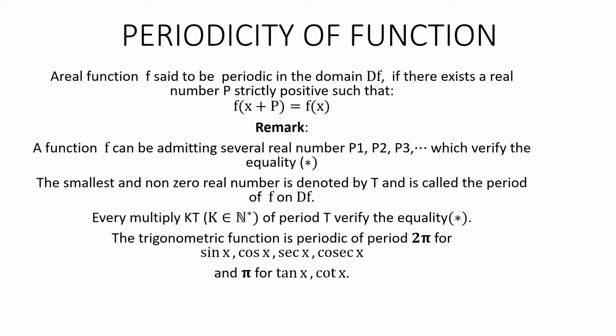We usually know that the period of the trigonometric functions sine, cos, sec and cosec is 2 pi. And we know that pi is the period of tan x and cot x.